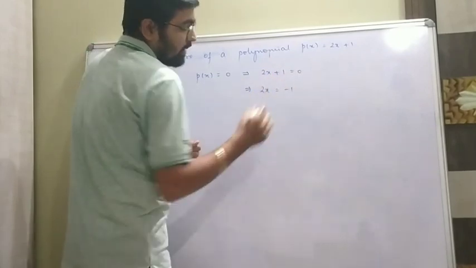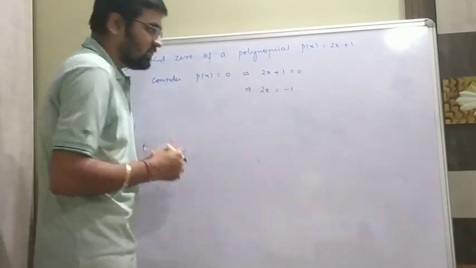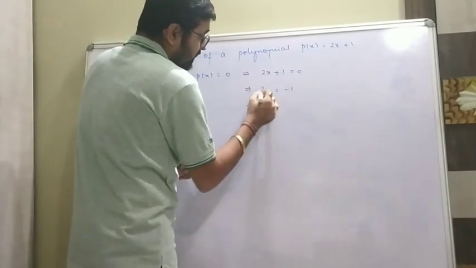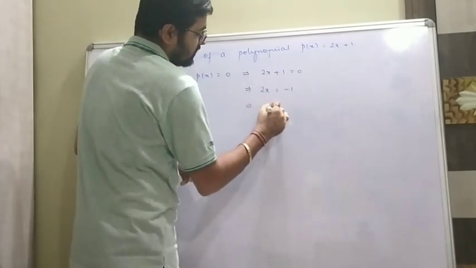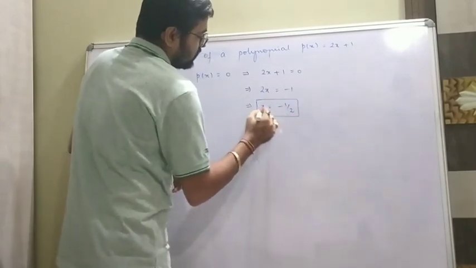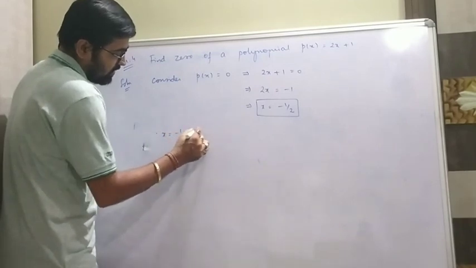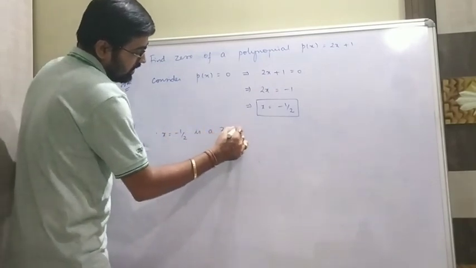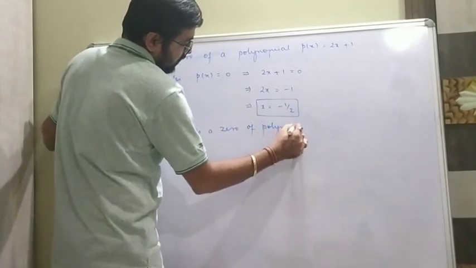So this will become minus 1. If you change the side, the sign will change. Similarly, if it is in multiplication, then it will go into the division. So it becomes x equals to minus 1 by 2. So what I can say is, therefore x equals to minus 1 by 2 is a 0 of polynomial 2x plus 1.